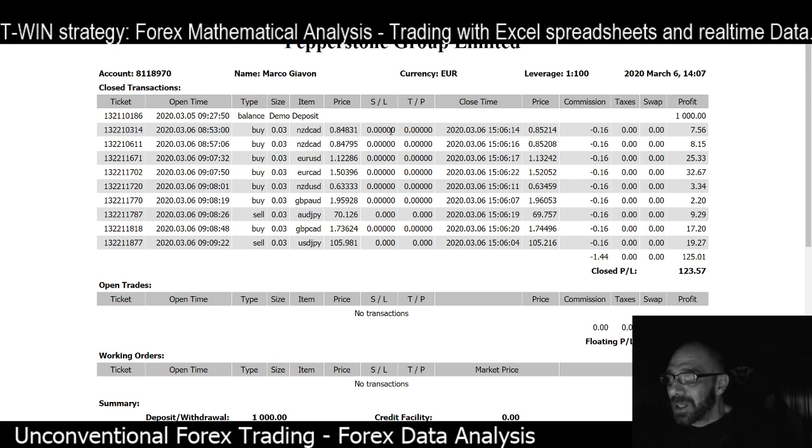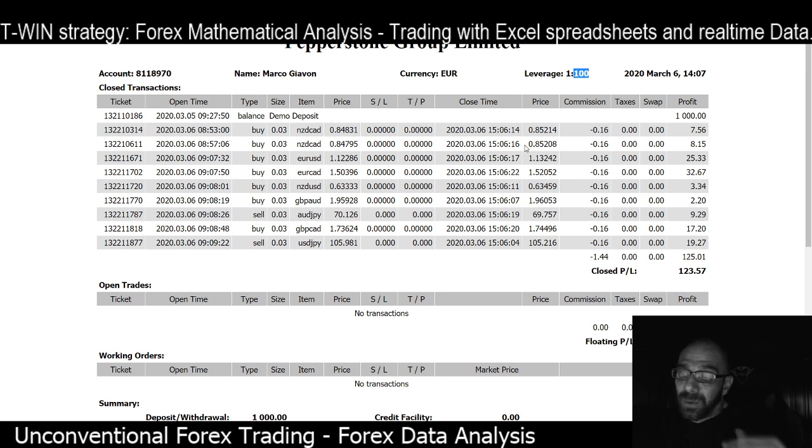I'm not trading with stop loss, but I will show you in a moment also in regards to the money management, how do I behave. Okay, so first of all, by having an account of 1,000 euros, okay, and 100 leverage, okay, of course here is the date, whatever, when I took the screenshot.